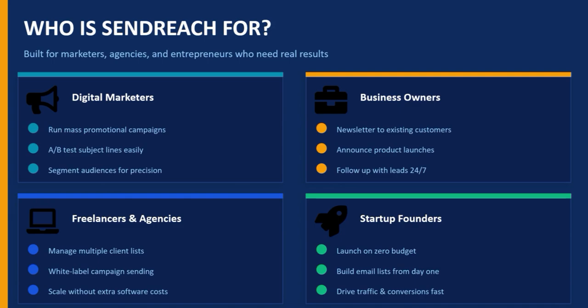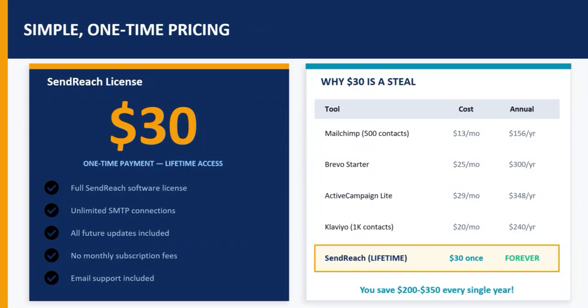Startup founders launch on zero budget, build an email list from day one, drive traffic and conversion very fast. Simple one-time pricing. SendReach Sender license $30, one-time payment, lifetime access. You only pay once for this software and you have it for life.